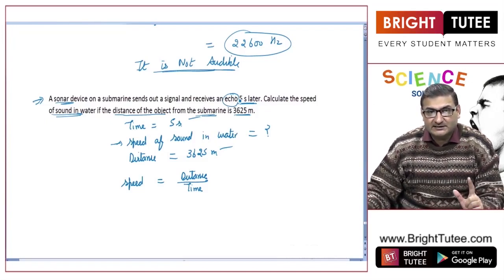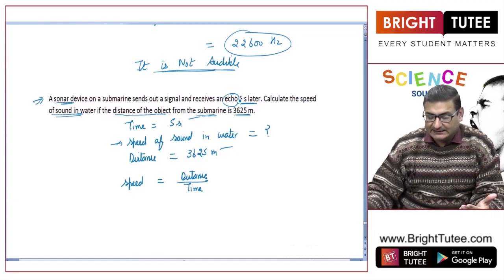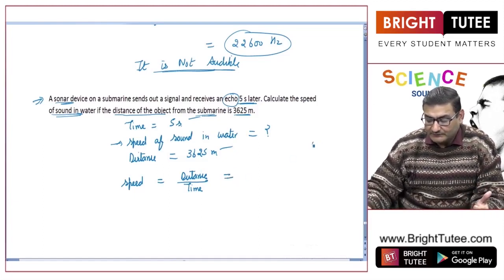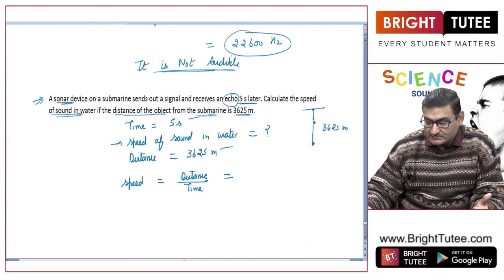So if it is reflecting from a surface, then in that case the distance travelled will be doubled to what exactly is given. So if the distance of the object and the ship on one side is given to be 3625 meters, the sound wave has to go one way.